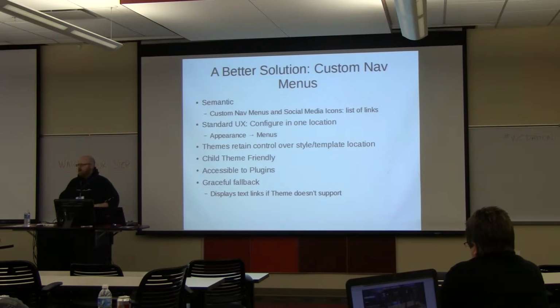Don't let me forget. But basically, if you go to Appearance Menus, if the theme you're using has registered support for it, it'll say I've got certain locations where a user can add a menu. It could be the primary navigation menu, a footer navigation menu, a secondary whatever. And then the user configures a menu, which is just a list of links to various pages or whatever.